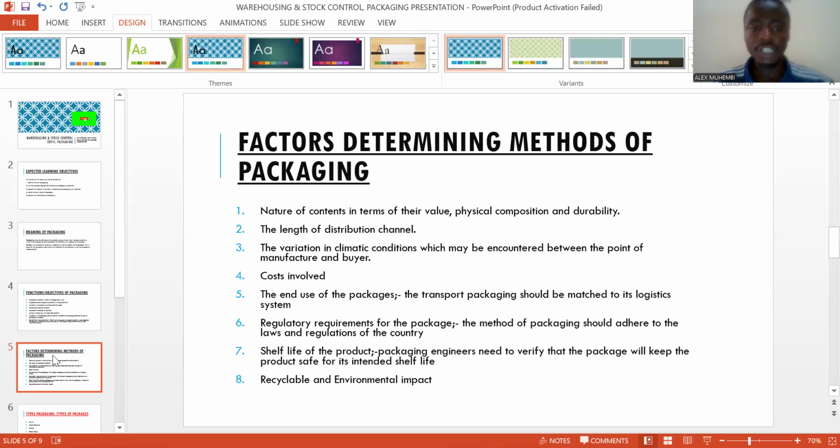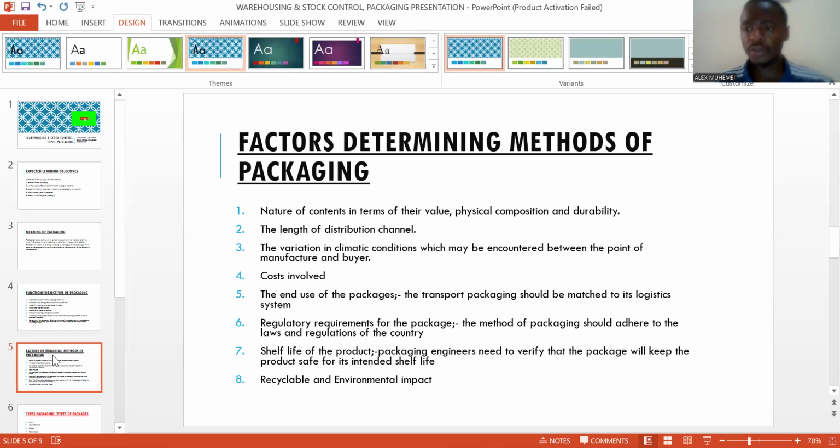Secondly, we have the length of distribution channel. So if you are going to consider a method of packaging that you would want to use, first of all, you need to consider the length of the distribution channel. Here we're talking about the distance to be covered.